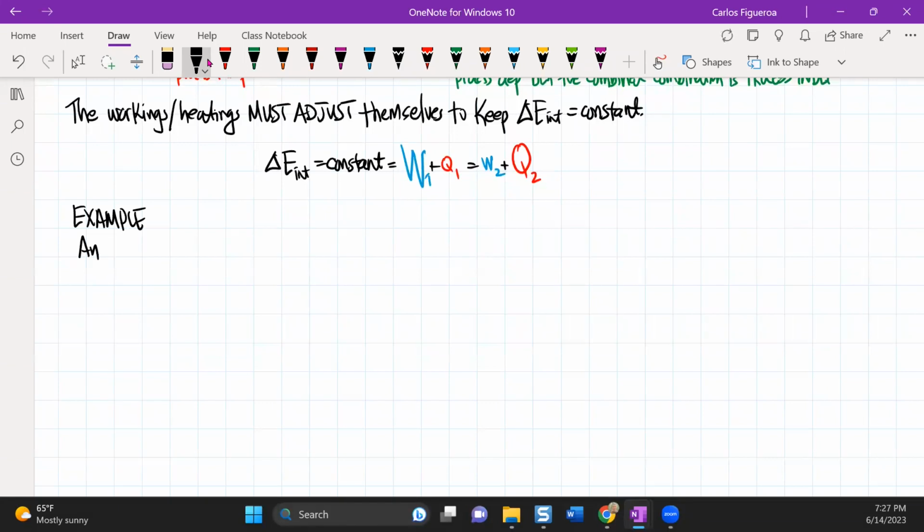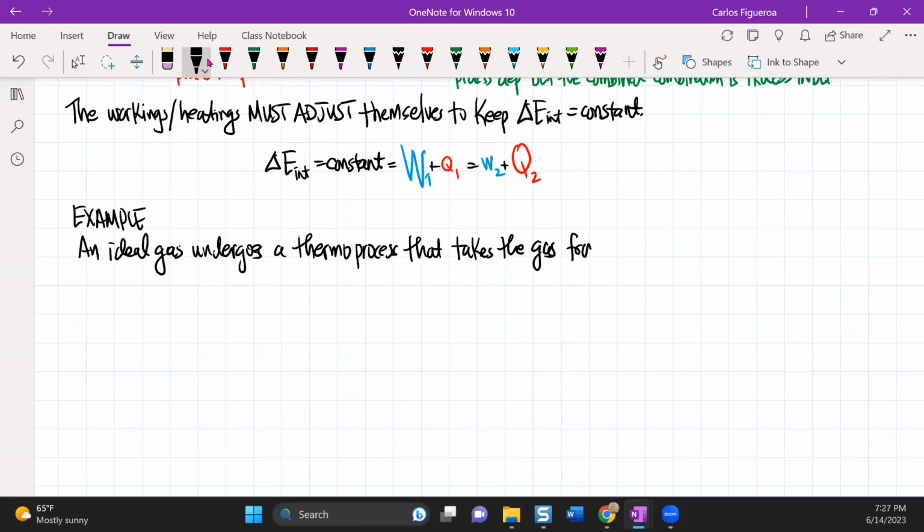In, let's say, an ideal gas that undergoes a thermal process, maybe a series of processes, that takes the gas from state 1 to state 2.